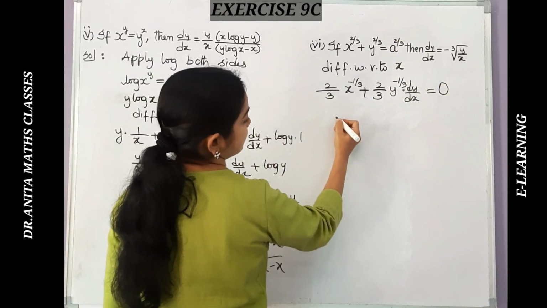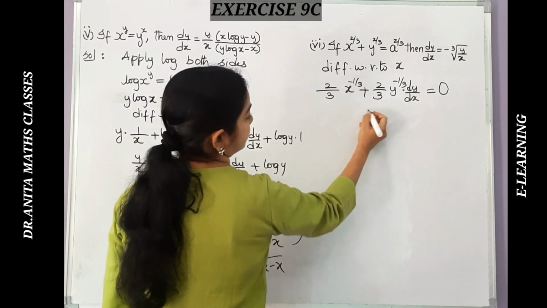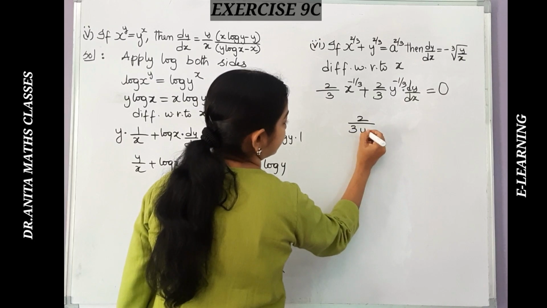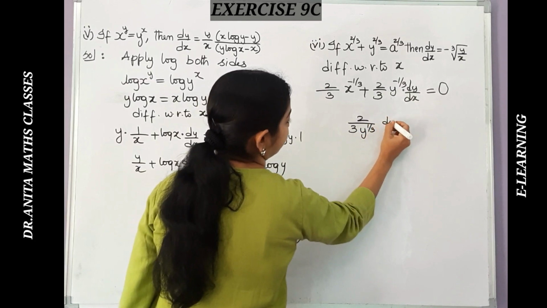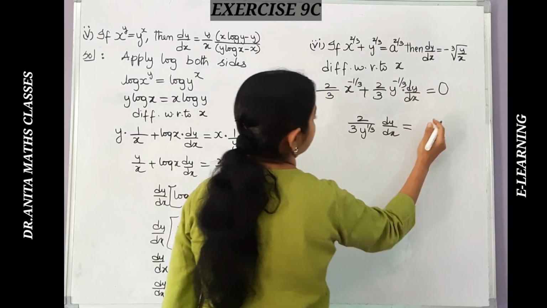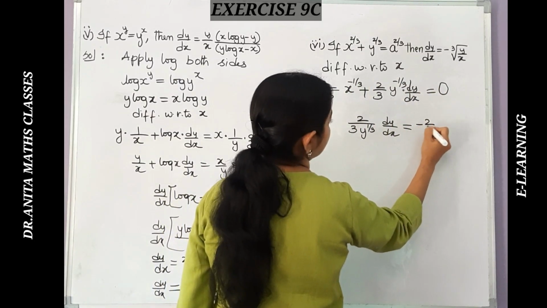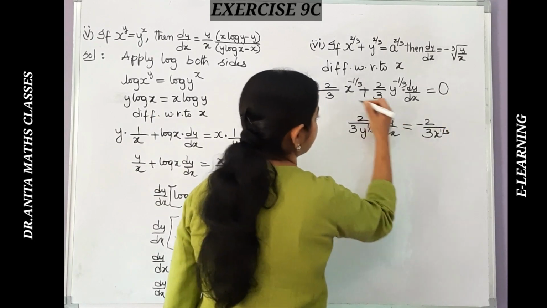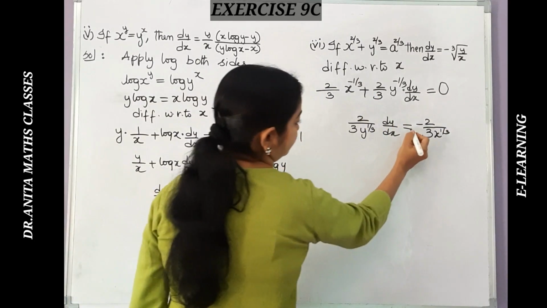Now 2 by 3, if you shift this down, dy by dx is equal to, bringing this to the other side, minus 2 by 3 x raised to the power of minus 1 by 3. Keeping it down, the negative sign goes off.